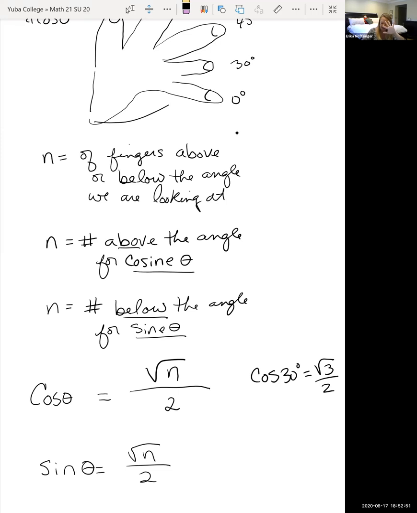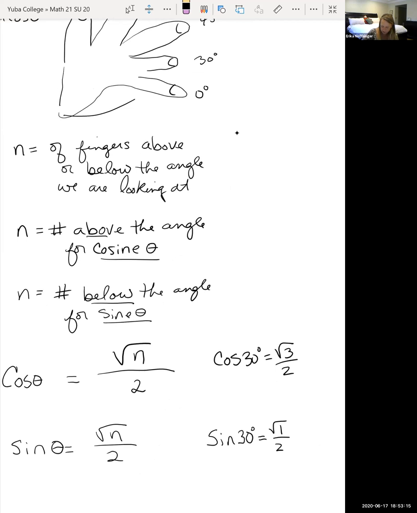If I look at sine of 30 degrees, that's the number of fingers below the 30. Below, there's only 1 finger below, so that's root 1 over 2. But the square root of 1 is just 1, so 1/2.